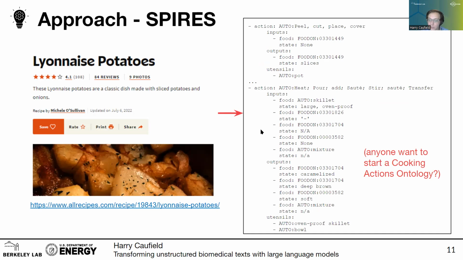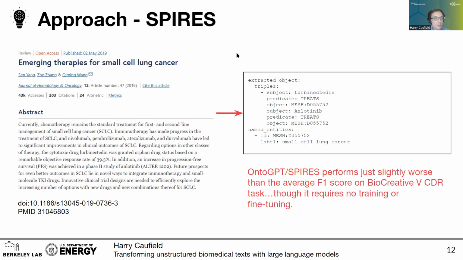So we take those food ontology IDs and say, okay, well, in this case, we need to caramelize the onions, or we need to use our skillet, well, a particular large oven-proof skillet. Now, in this case, we've categorized that as a food, unfortunately, so there are mistakes to be made sometimes. But some of this really just comes down to lack of a proper ontology for this particular thing. So if anyone wants to start a cooking actions ontology, then I'd be very excited to see it. Now, of course, this works for biomedical documents as well.